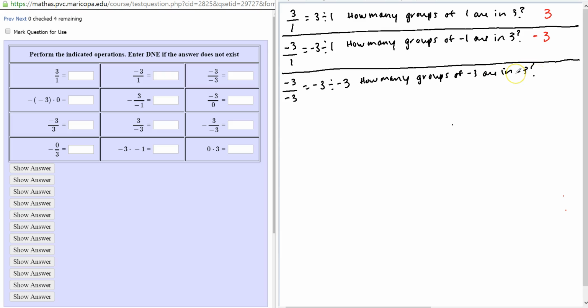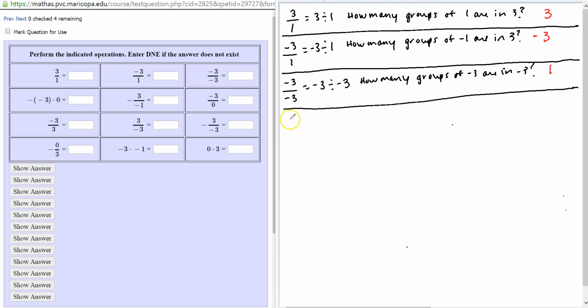Well, since the numbers are equal, there's one group of negative 3 in negative 3. So we could also think of this as ignore the signs, use the absolute values. 3 divided by 3 is 1. Since both of the numbers are negative, your result is positive. Let's look at the next one.